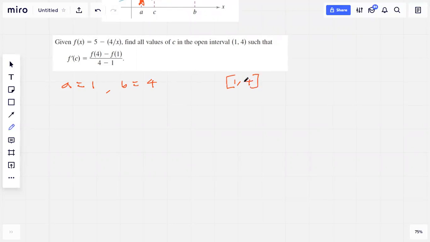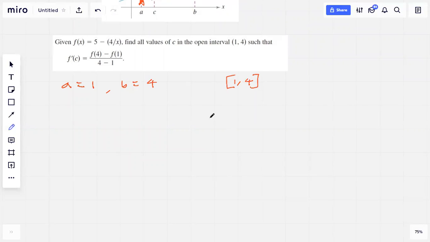Okay, first we need to check whether this function satisfies the conditions of the mean value theorem. That is, it should be continuous over the closed interval [1, 4], and it should be differentiable over the open interval (1, 4). So this function 5 minus 4 over x is continuous over the interval [1, 4] and is also differentiable.